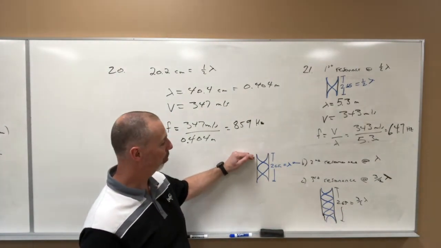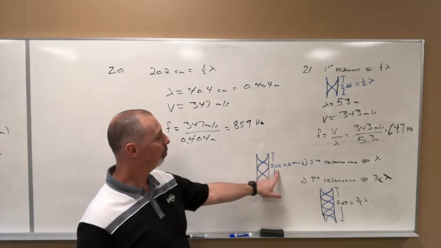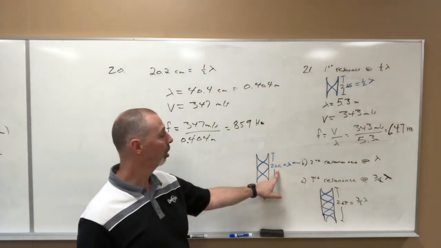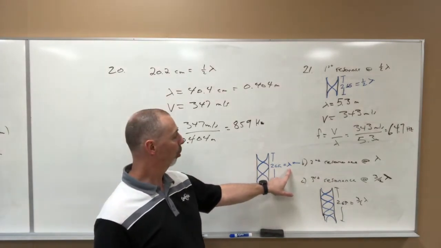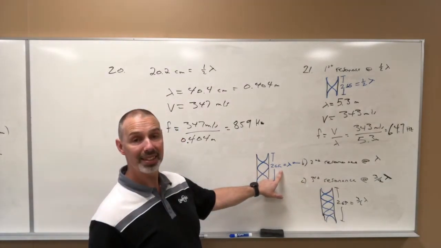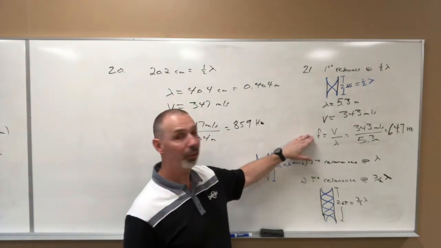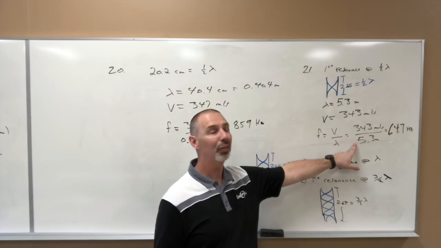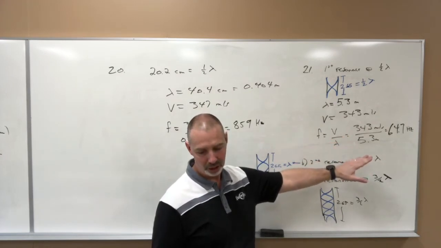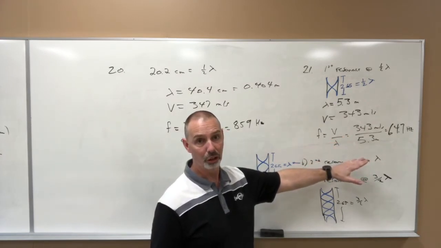Again an opening at the top and an opening at the bottom. It's still 2.65 meters long, but now the second resonance happens at one full wavelength. So now our wavelength is 2.65 meters. When I do my frequency formula, this 5.3 changes to 2.65, and we get the answer of 129 hertz.